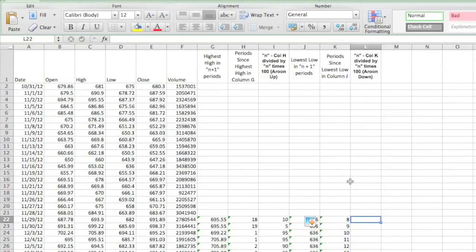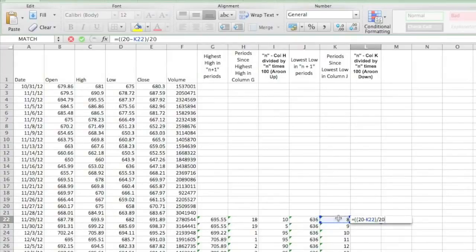Now, same thing, n equals 20. So two open parentheses, 20 minus column K, close one parentheses, divided by 20, close the parentheses, and then multiply that by 100.